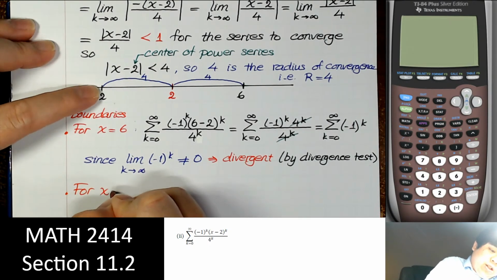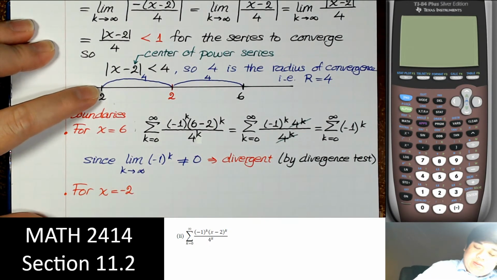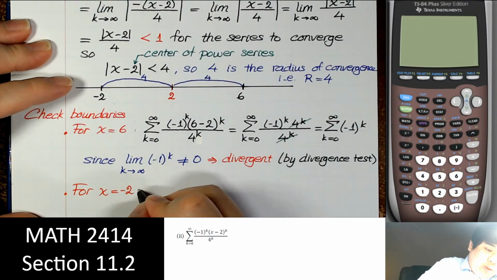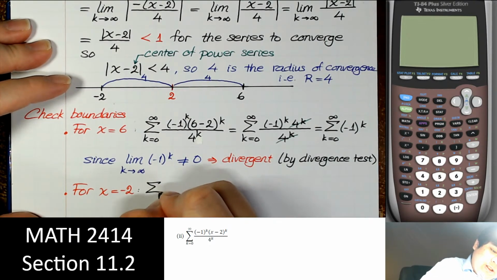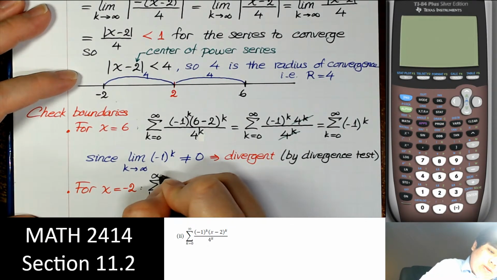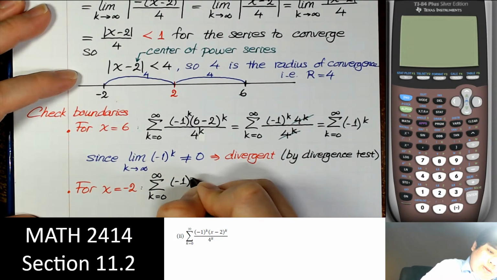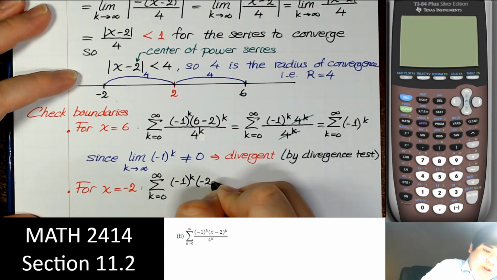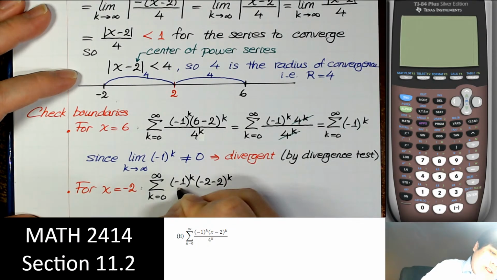Now we do need to substitute both boundary points. Now we have -2 to the k.